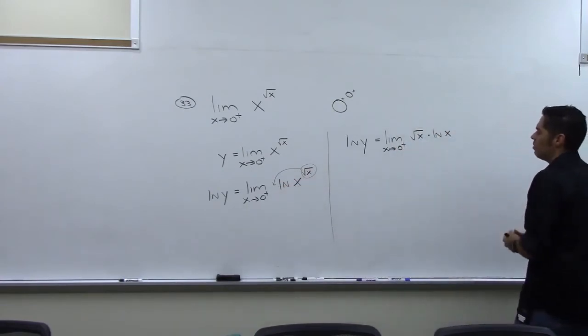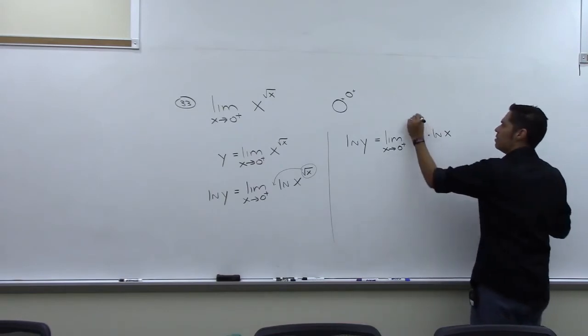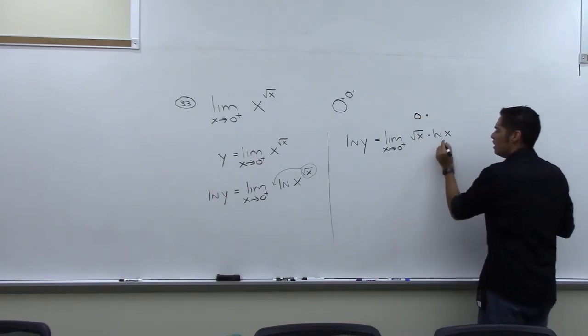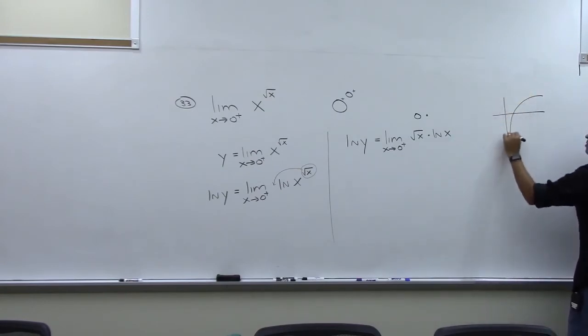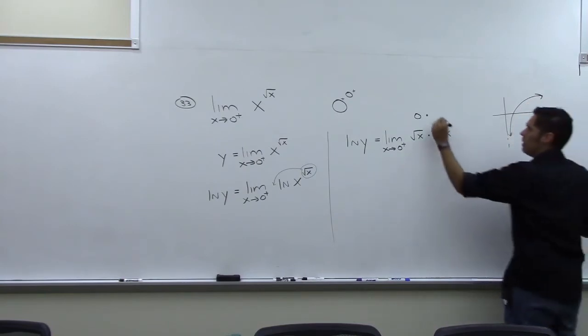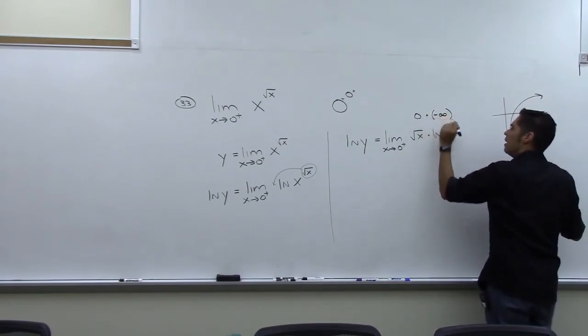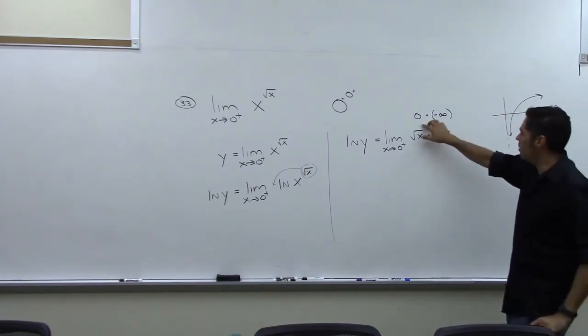And now let me just take a look at what's happening. As x goes to 0, I get square root of 0, that's going to 0, times natural log of 0. We're approaching 0 from the right, and natural log does that: you can see as you approach 0, it heads out to negative infinity. And 0 times negative infinity is still an indeterminate form, but we know how to handle this one.